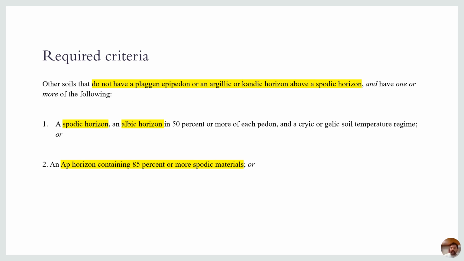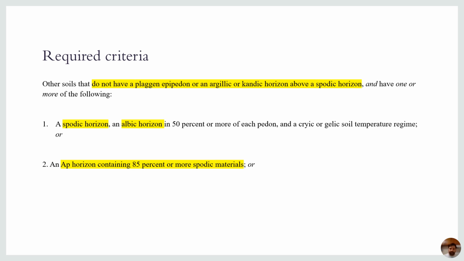So we can find permafrost in the cryic soil regime, but we cannot find permafrost in the gelic soil temperature regime. Okay? We also can find an Ap horizon with at least 85% or more of spodic materials.